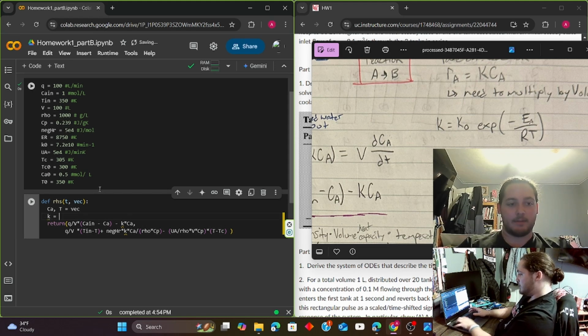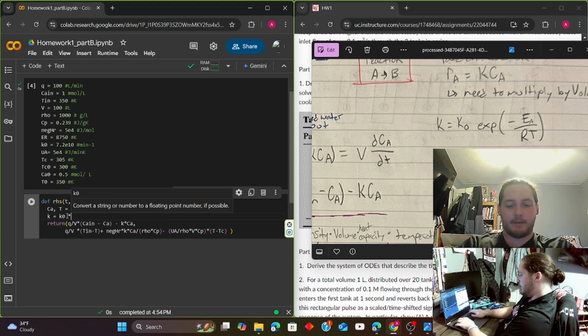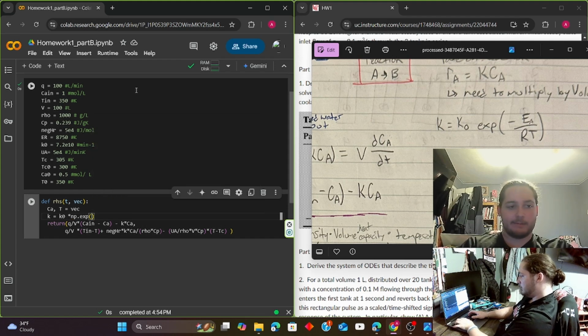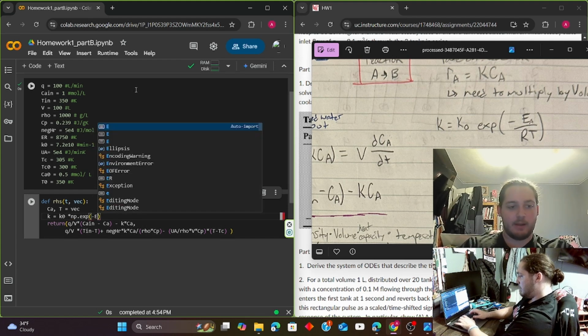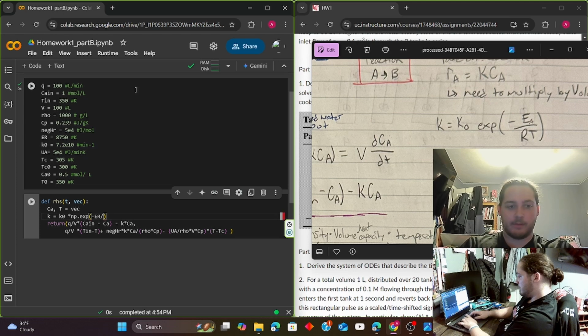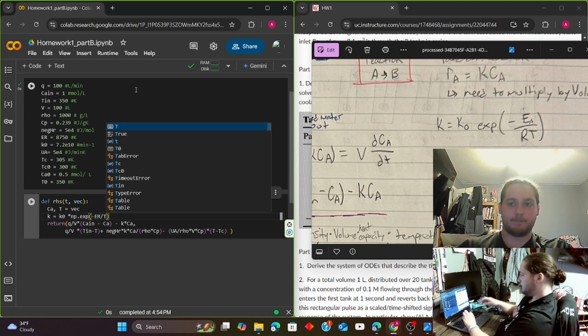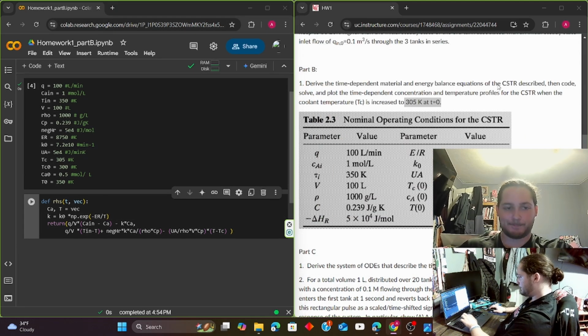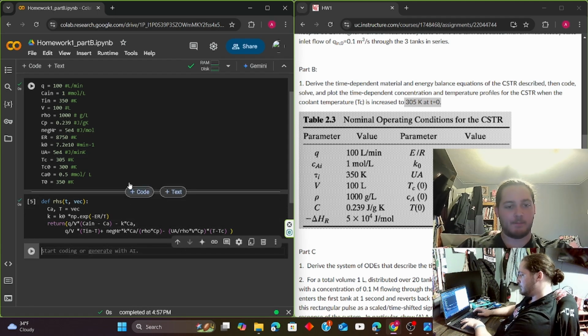K is equal to K naught times np.exp, E over R, shift enter.